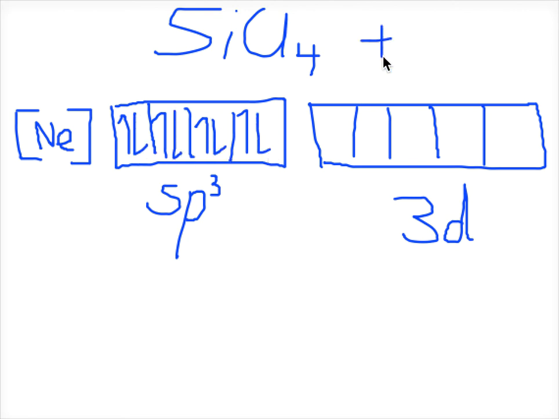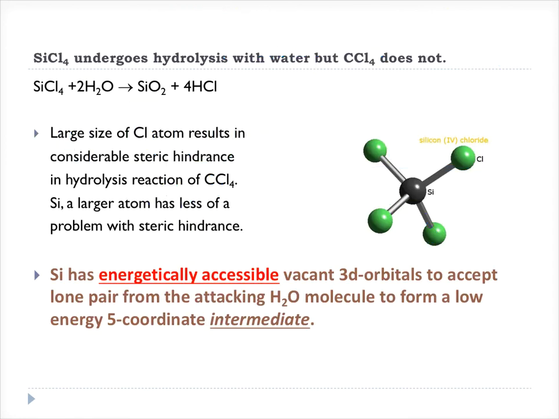So when I stir silicon tetrachloride with water, the lone pair on the water will fit into one of the vacant, energetically accessible 3d orbitals to form the 5-coordinate intermediate. Of course, after it forms this, eventually one of the chlorine gets kicked out to form what we saw just now.